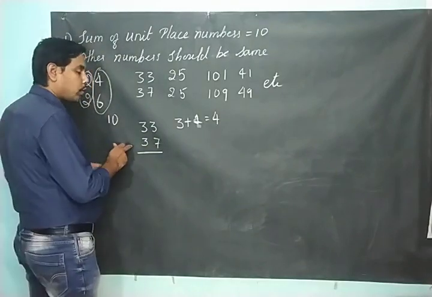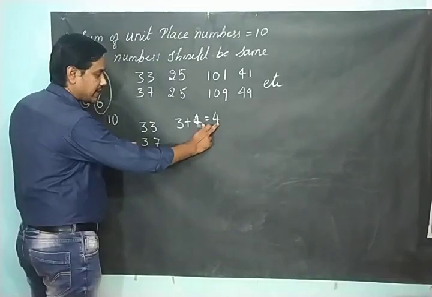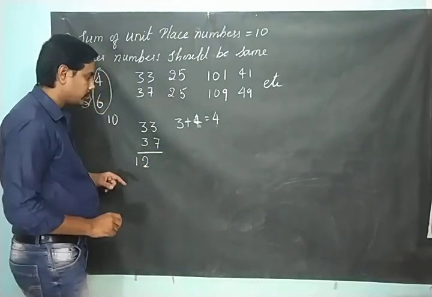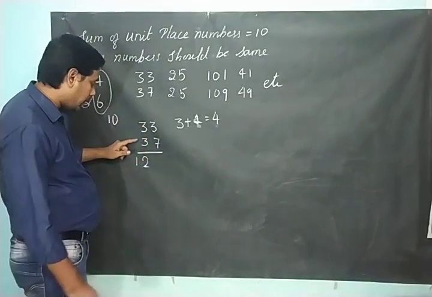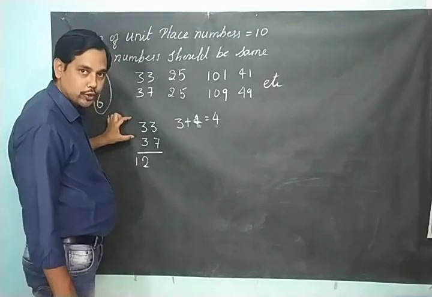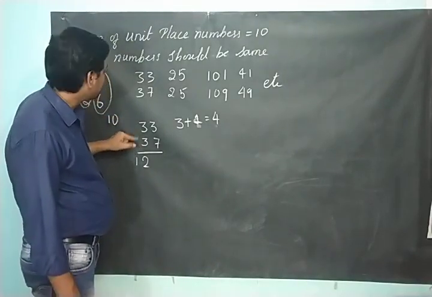Now what you should do is multiply this 4 by 3. What do you get here? 12. So the first step is to add 1 to this number. Except the unit place, whatever number is there should be considered as a single number. Here we have only 3, here also 3.